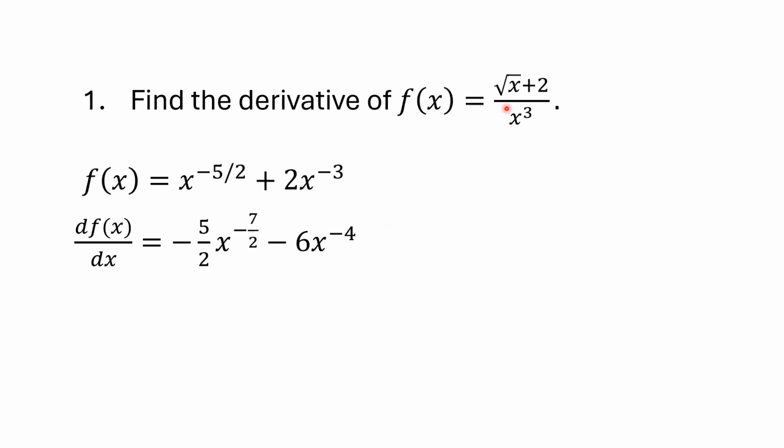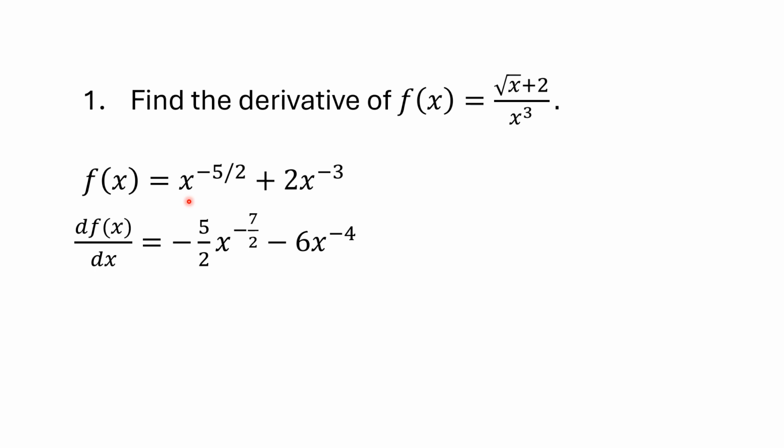So what we're going to do is break this into two fractions. The square root of x over x cubed is x to the negative 5/2, and then we look at the derivative of 2 over x cubed, which is 2 x to the negative third. So we have two x to the n forms.